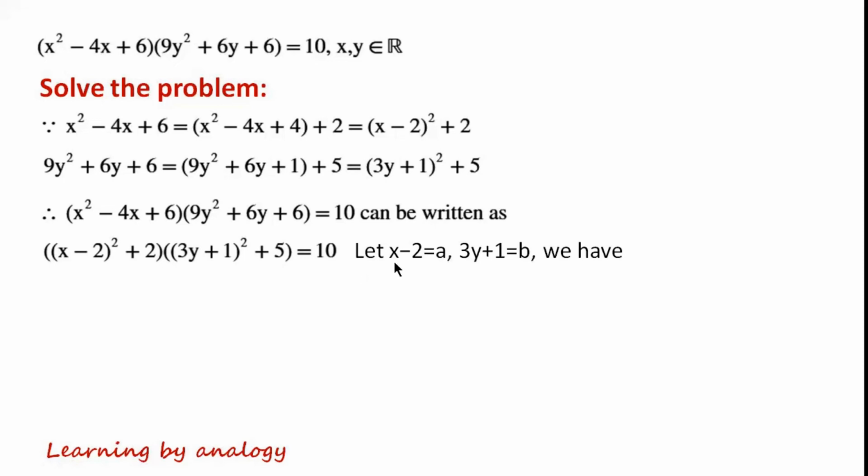Let x minus 2 equal a and 3y plus 1 equal b. We then have a squared plus 2 times b squared plus 5 equals 10, which means a squared b squared plus 5a squared plus 2b squared plus 10 equals 10.